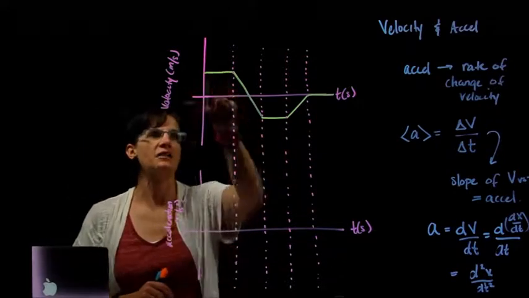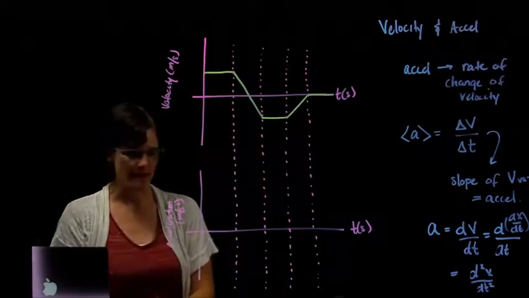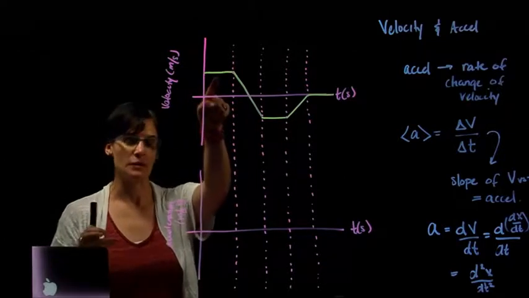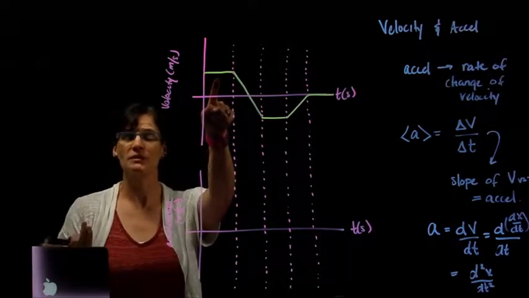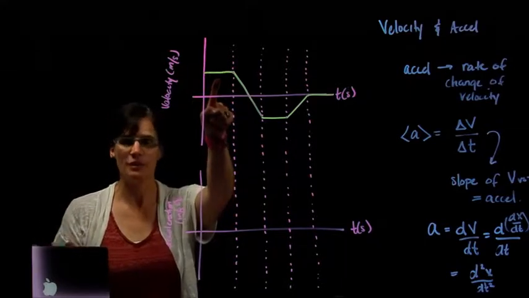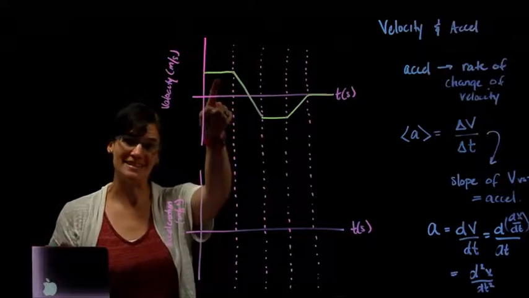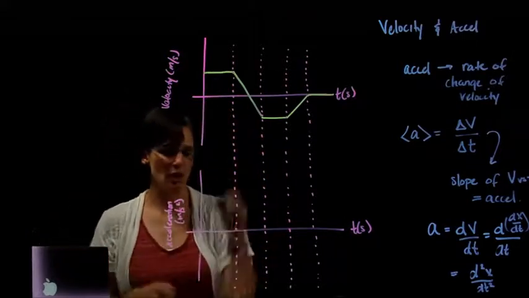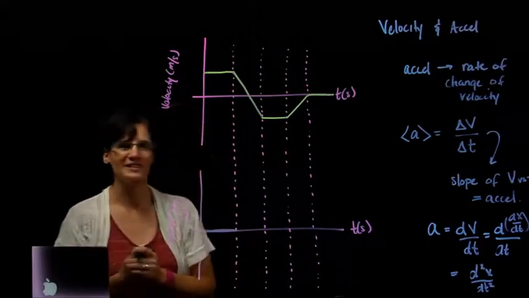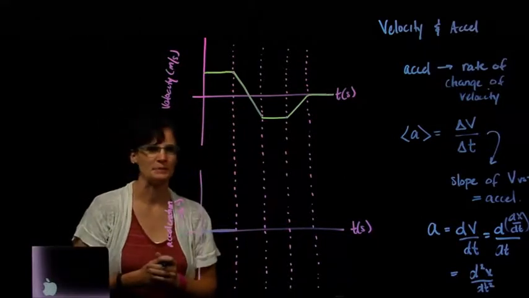And the line is horizontal. It's at a steady rate. Well, the rate of change, the slope of this is 0. Does that make sense? Well, if the velocity is steady, if it's not changing, the acceleration is 0. So it should make sense. And it does. So our slope represents the acceleration during that time period.